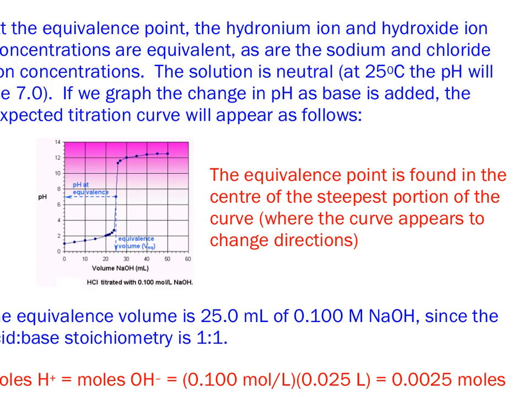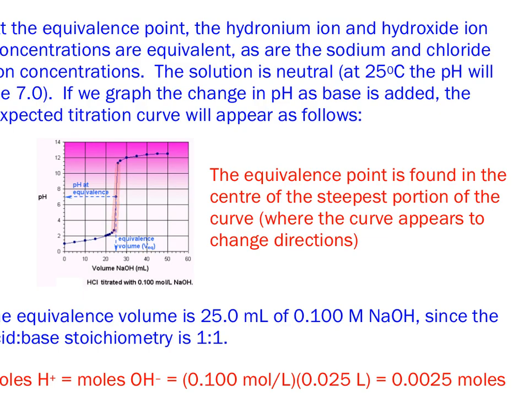So the equivalence point is found in the center of the steepest portion of the curve. So the steepest part of this curve is, of course, this part of the curve.